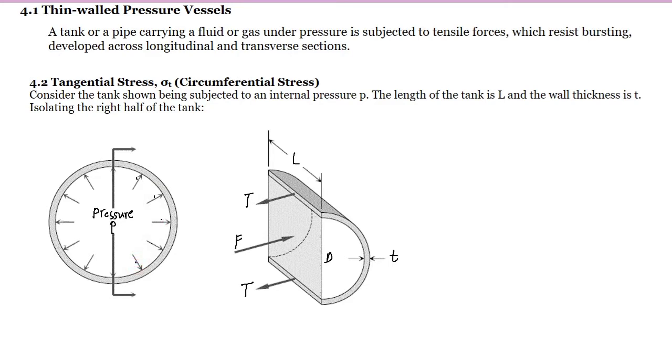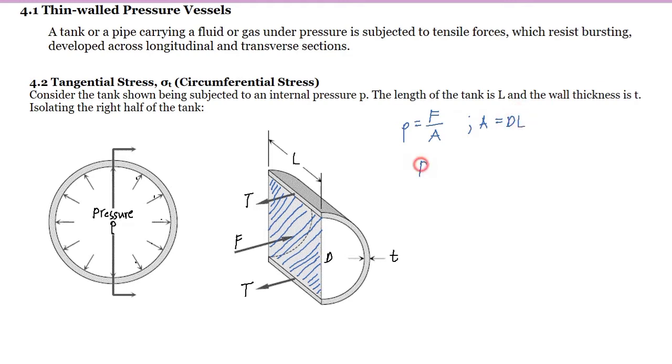So we will take just the horizontal projection and we consider this area, which is the horizontal projection of the inside diameter of the tank. Now, from the idea of the pressure, the fluid pressure is equal to the force over area, but area here is equal to the diameter multiplied by the length of the tank.